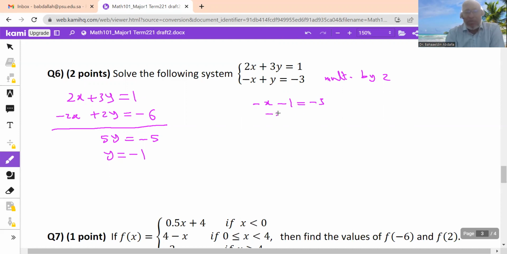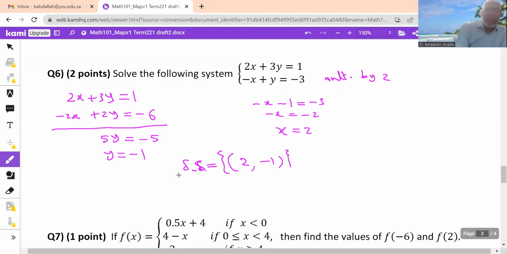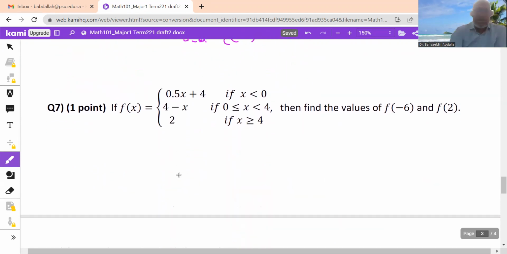Take minus 1 to the other side, it would be negative 3 plus 1, that's negative 2. Now multiply by minus 1 or divide by minus 1 both sides. So x would be 2. So the answer is 2 and negative 1. This is the solution set of the system. And you can check with mode 5 1 that your answer is correct.